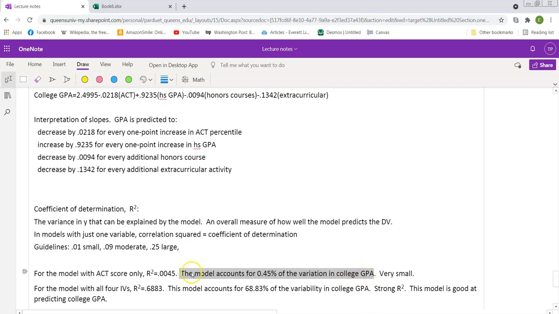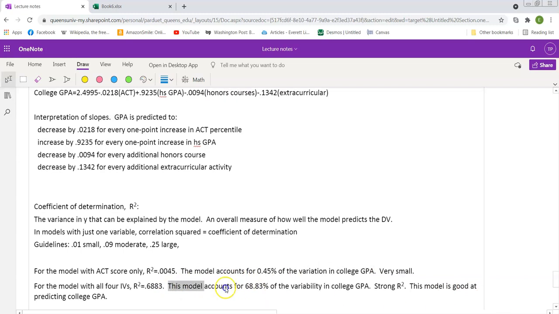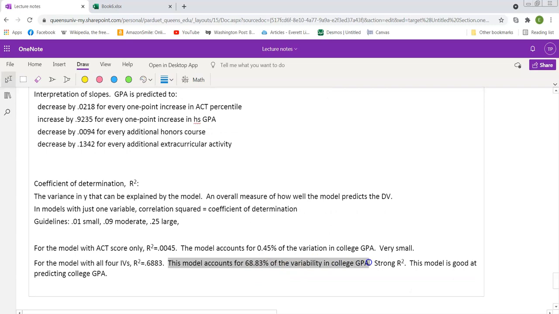And again, what that means is that we've been able to predict 0.45%, so less than 1%, of what makes people different. Okay? Why those differences exist. Whereas down here, we've been able to explain 68.83% of what makes people different.